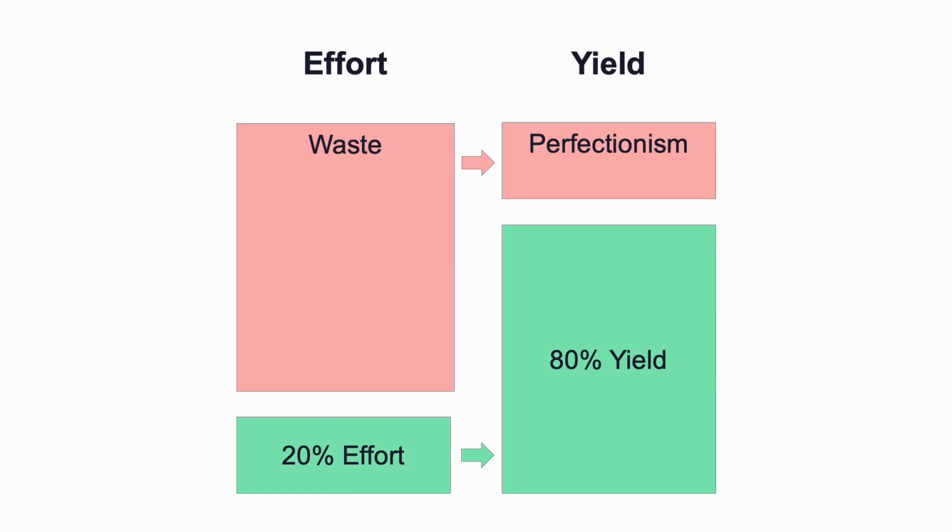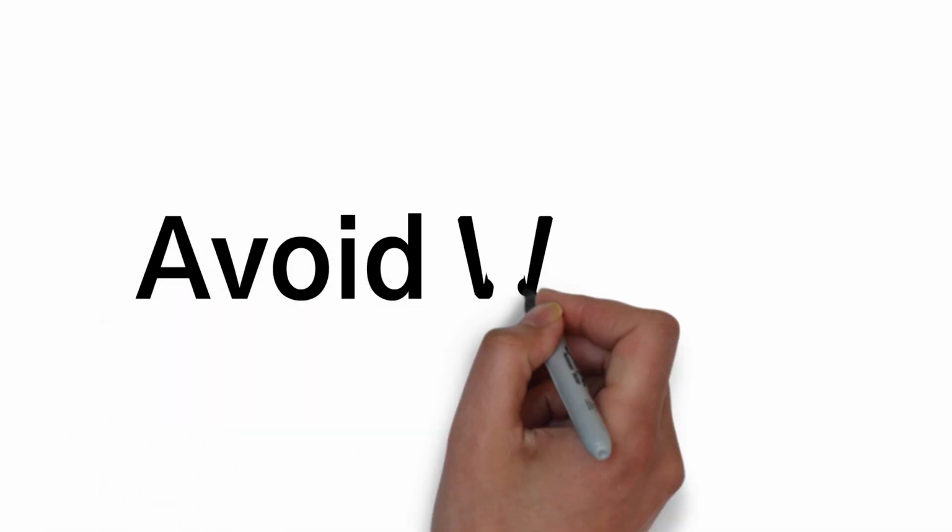That's very inefficient. That is why we often speak of perfectionism when it comes to the missing 20% of the potential benefit and of wastage or waste when it comes to the 80% of the effort required for this. In short, the rule is: avoid waste. Avoid waste, and we know that as the main principle of agile software development.